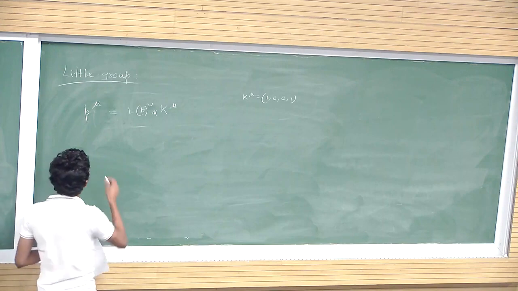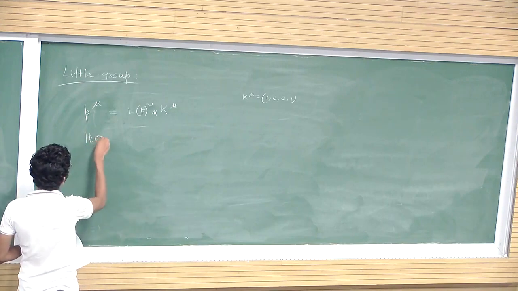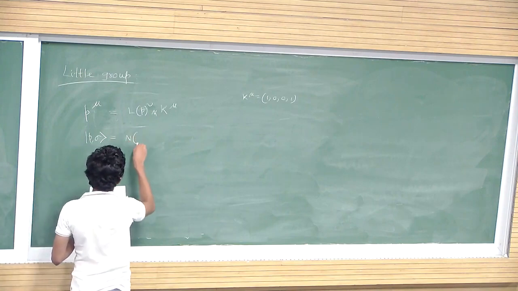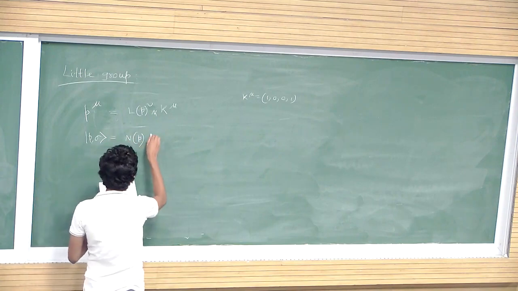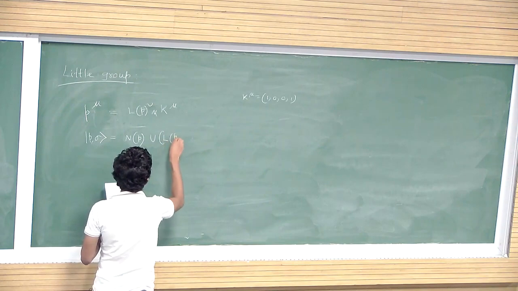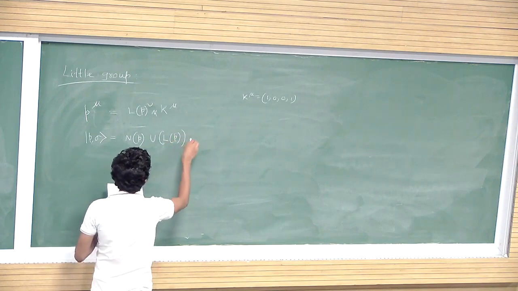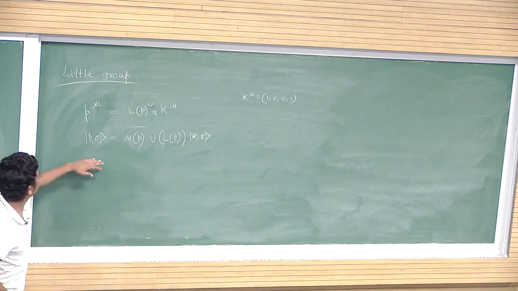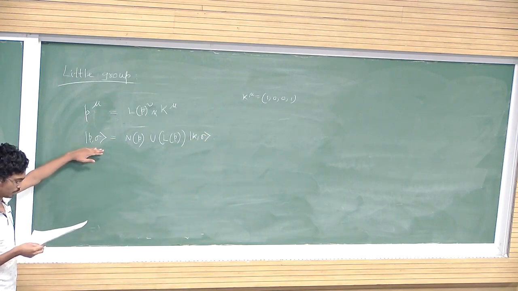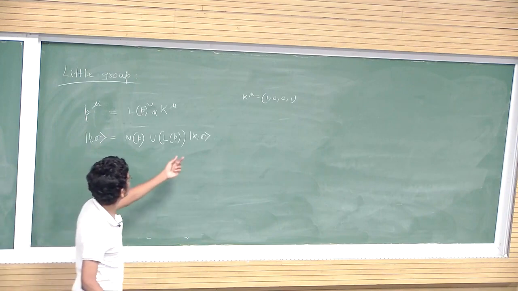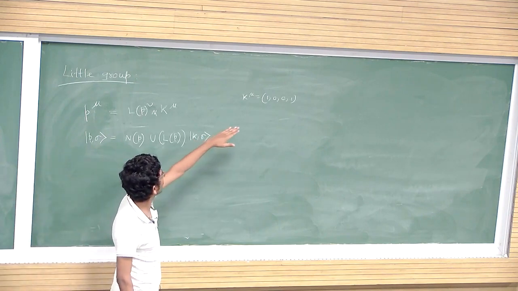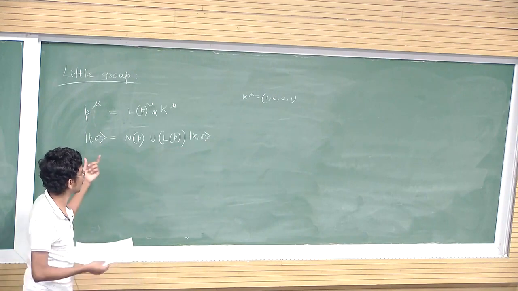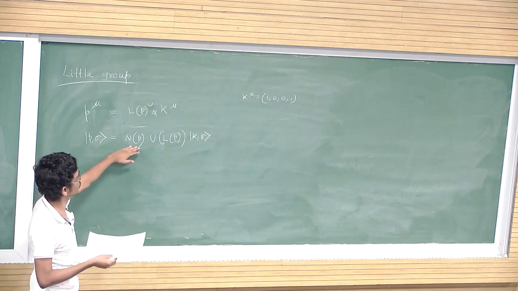Now the one particle state, p comma sigma, is defined as some normalization factor N(p) times U(L(p)) acting on this k, sigma. This is how I am defining my one particle state. You just take this state k comma sigma, where k is given by that, then you make this particular Lorentz transformation, and you get the one particle state.